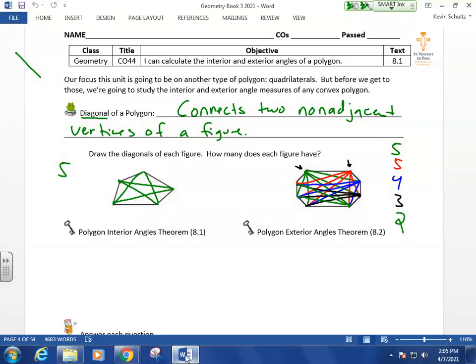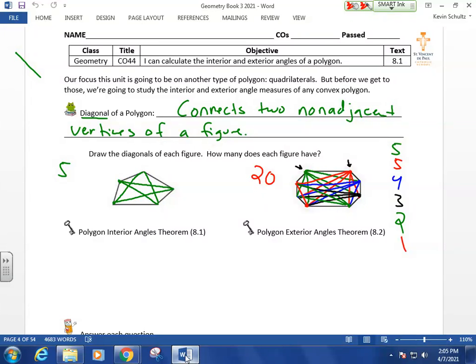And then we'll go back to red, I suppose, from this one here. How many diagonals can I draw? Just one. Okay? And that's all of them. So total, it looks like we got what? 5, 5, 14, 17. We've got 20 diagonals drawn there. Okay?